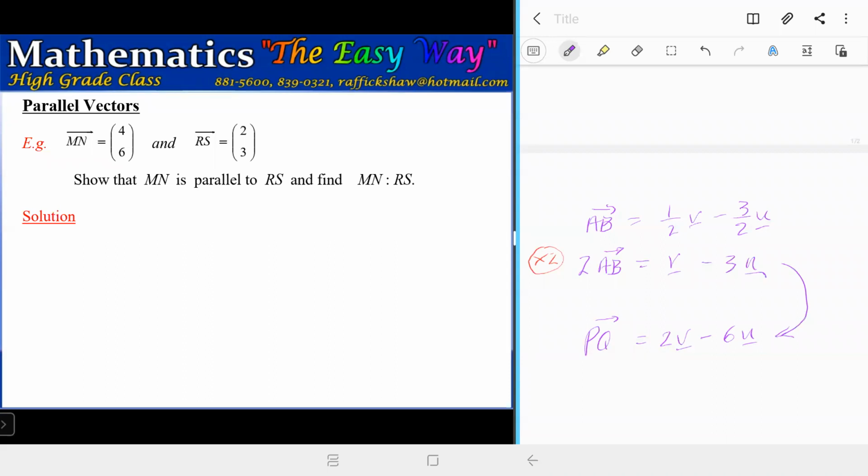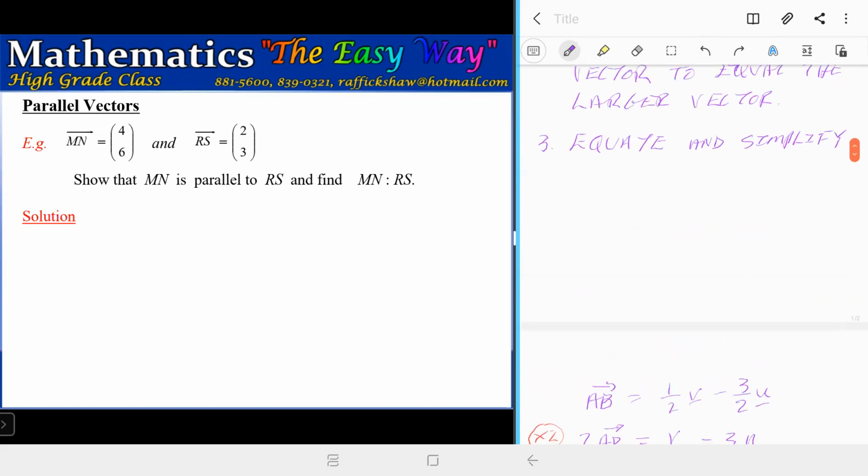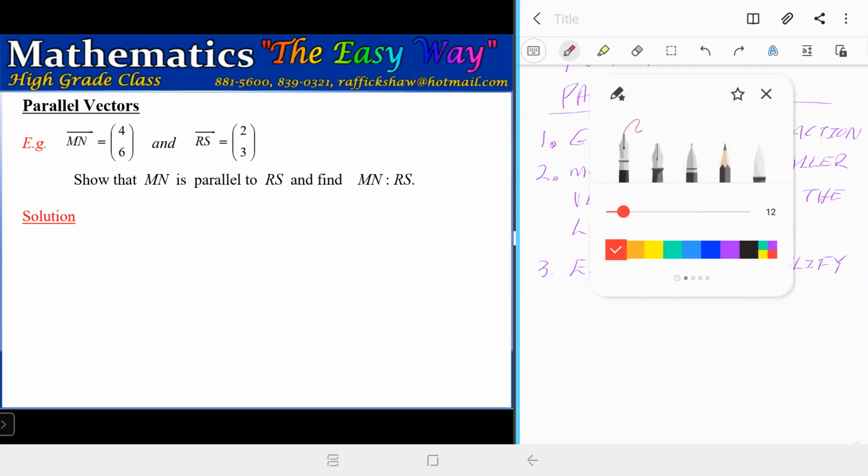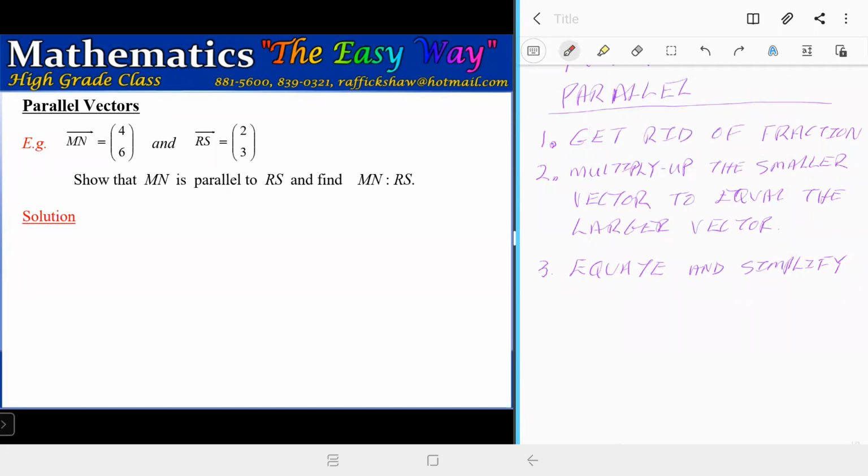What is my second step? After I get rid of fractions, what do I do? I have to multiply up the smaller one. Another way you can do it, you can factorize the larger one, but I'm telling you, it's easier to multiply up the smaller vector to make it equal to the larger vector. That's the second step.